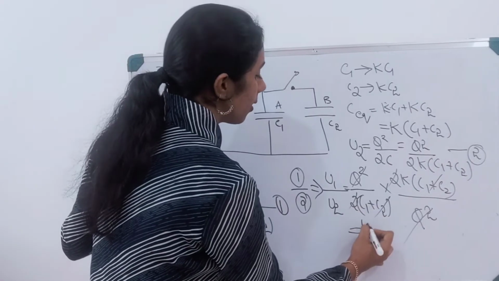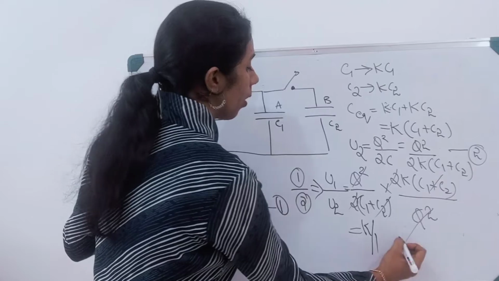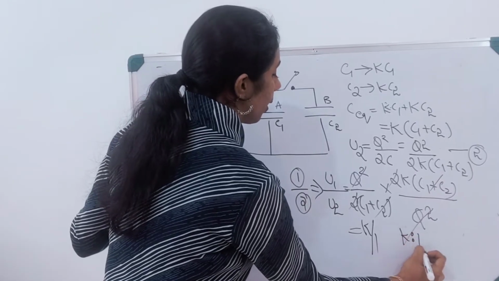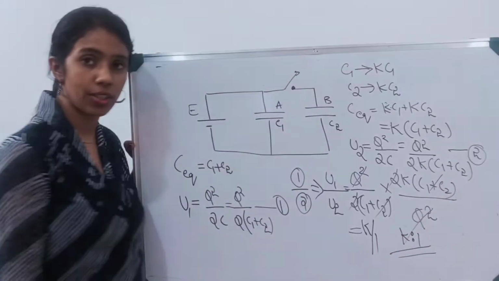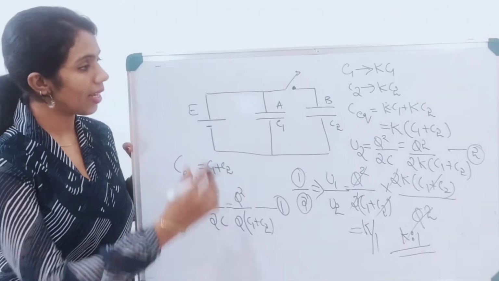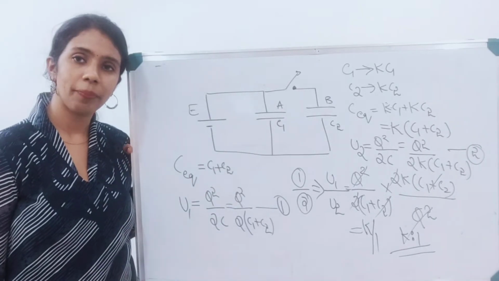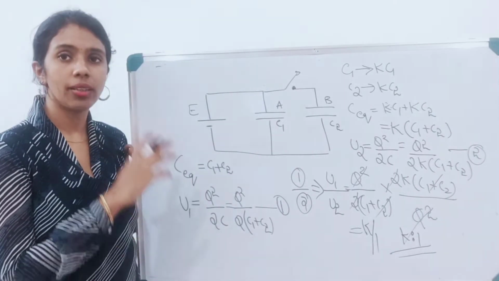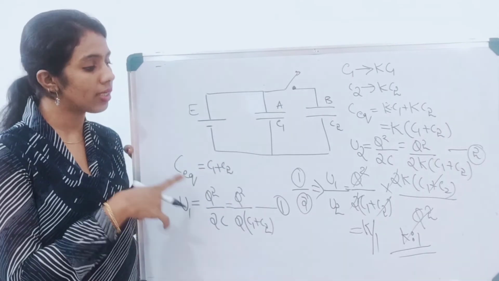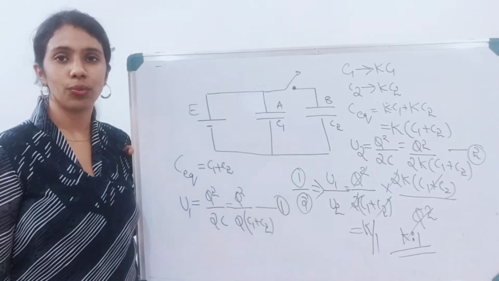So the ratio is K by 1, or K is to 1. Thus we find the ratio for the capacitors A and B which are connected in parallel: the energy stored, U1 is to U2, is K is to 1.